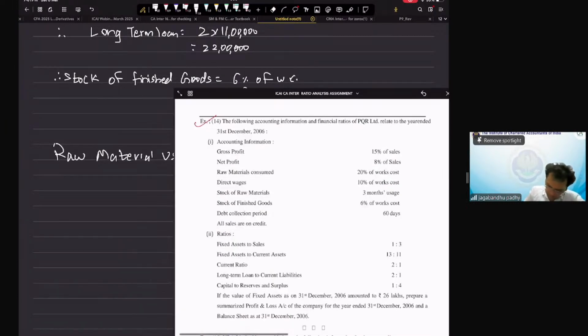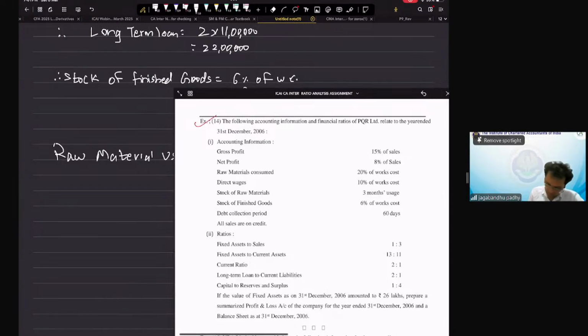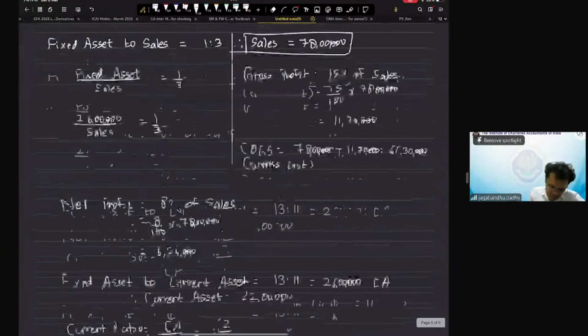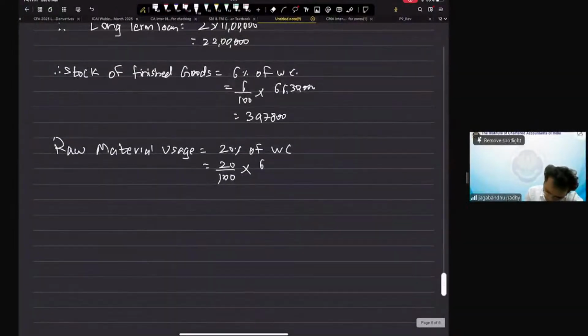Raw material usage is 20% of works cost. 20 upon 100 into works cost. COGS is 66 lakh 30,000 into 20%. Raw material usage is 13 lakh 26,000.